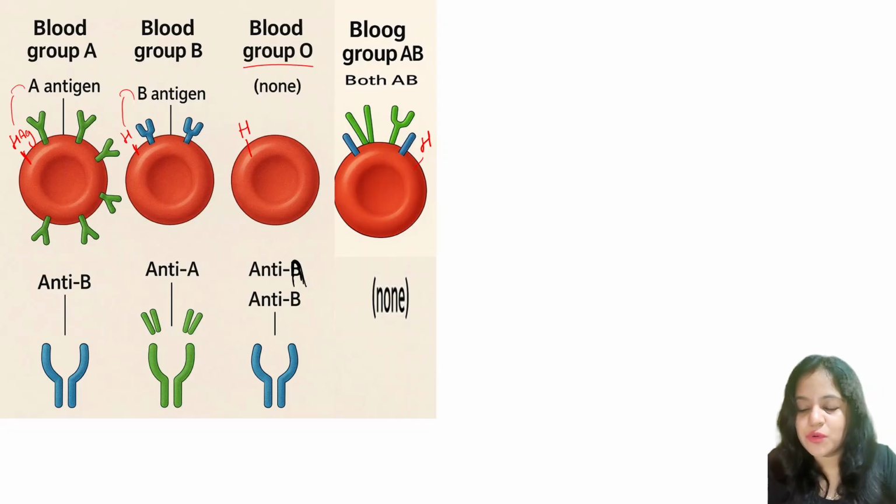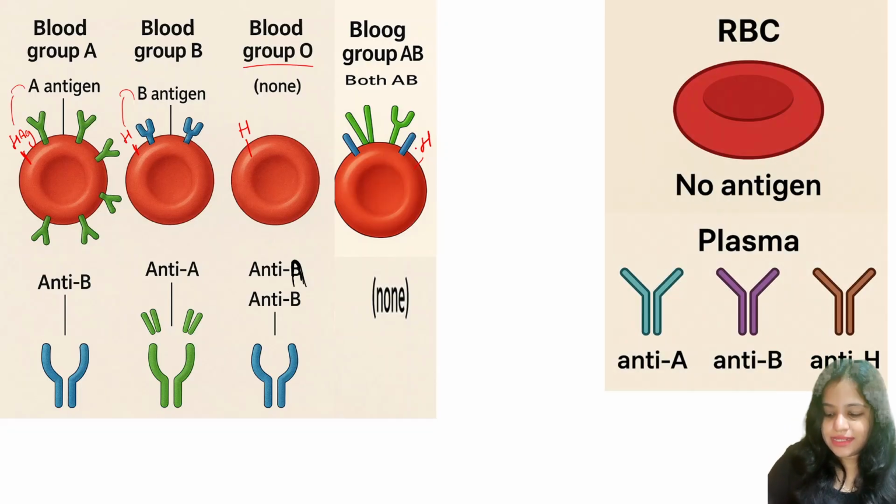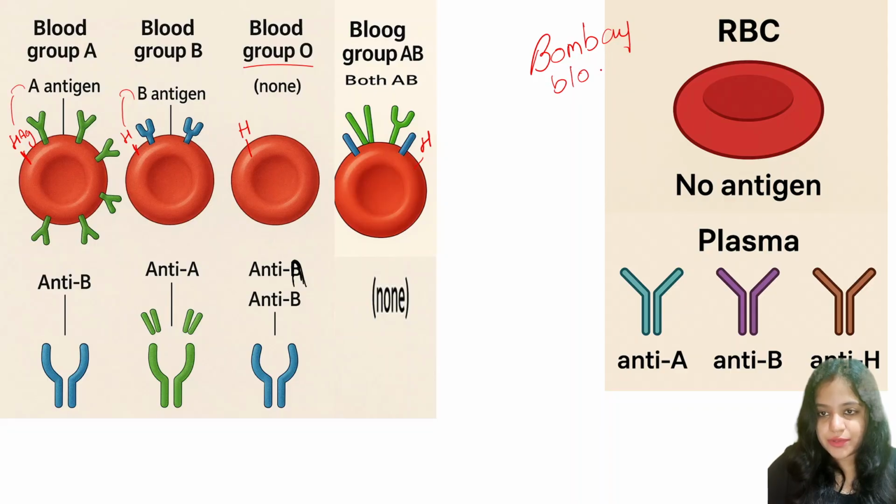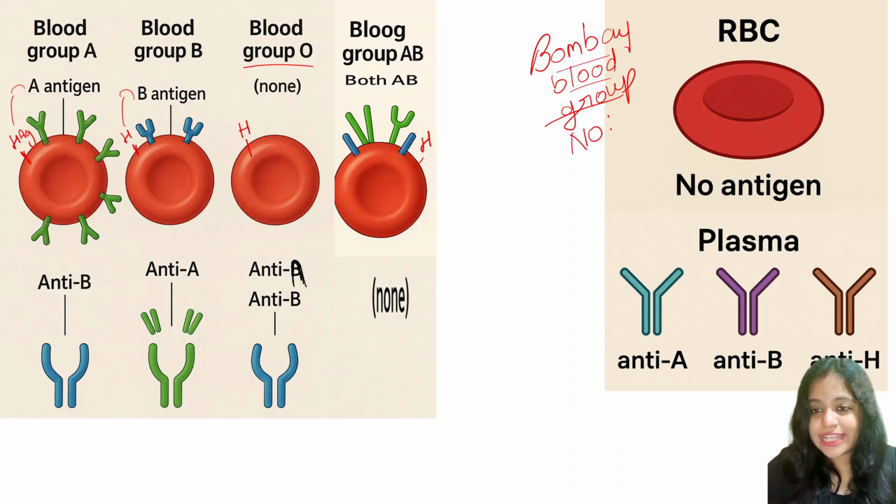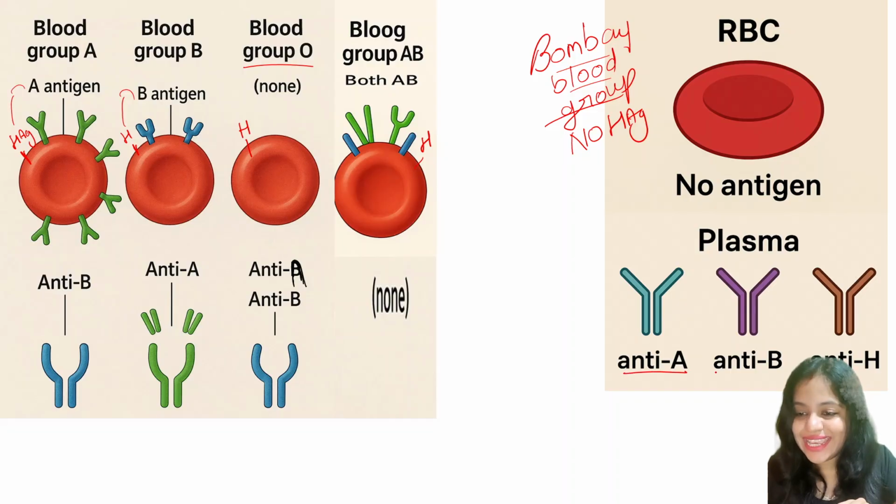But there is one more blood group, that is the Bombay blood group. In the Bombay blood group, there is no H antigen. That is absent. So what antibodies will be there in the plasma? Anti-A, anti-B and anti-H.